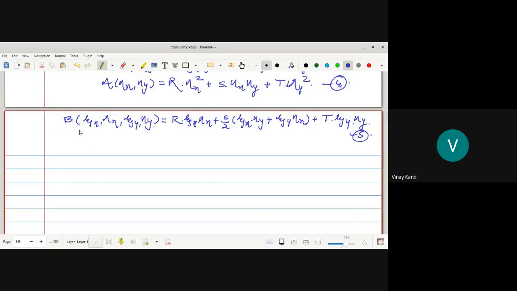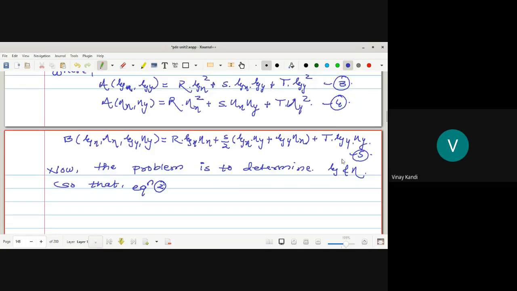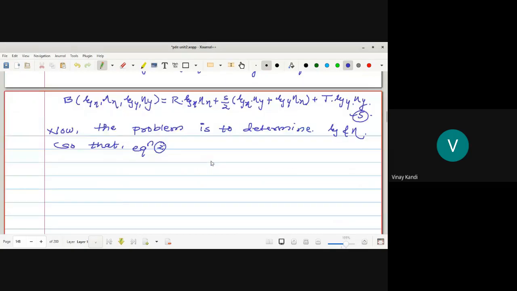Now the problem is to determine psi and eta so that equation 2 takes its simplest possible form.